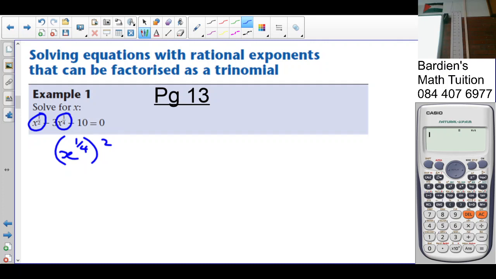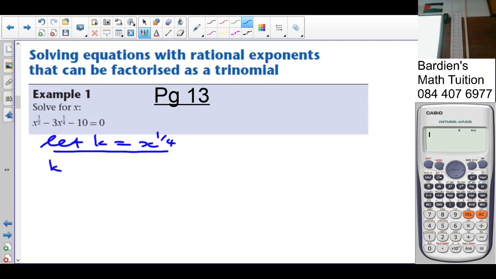So in other words, what I'm going to do is I'm going to say let k equal x to the quarter. If that is the case, what do we have here for the first term? It will be k squared, yes, minus 3k minus 10 is equal to 0.